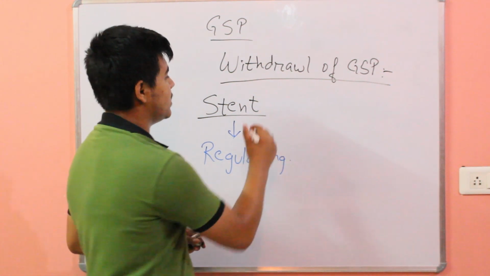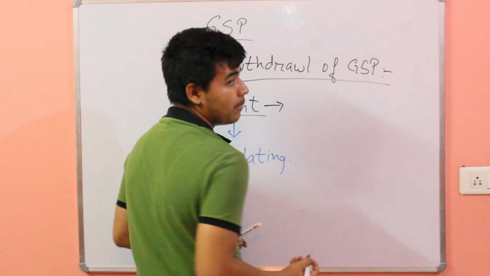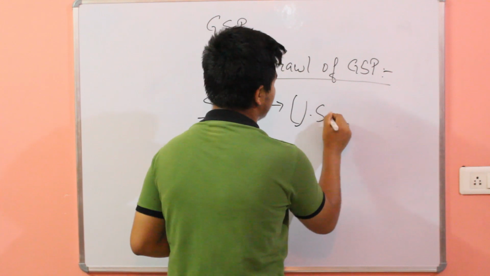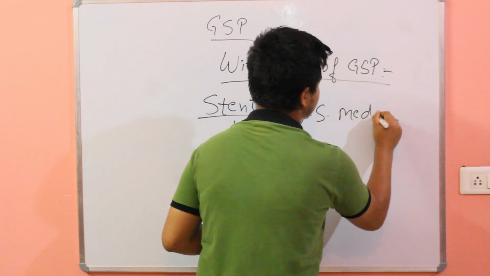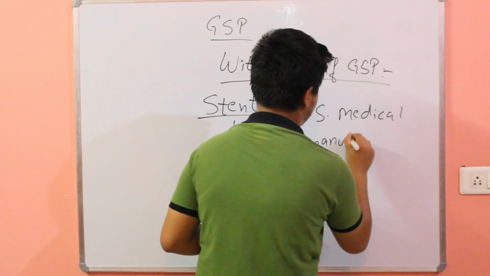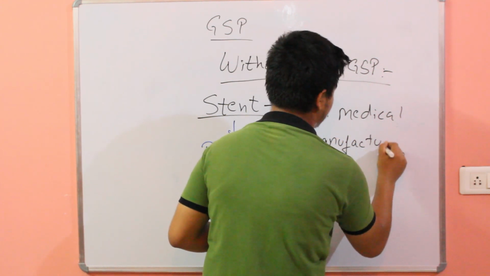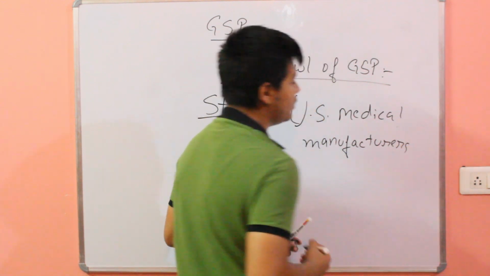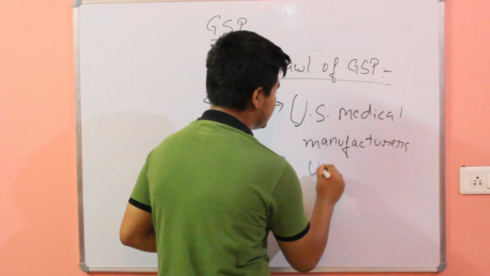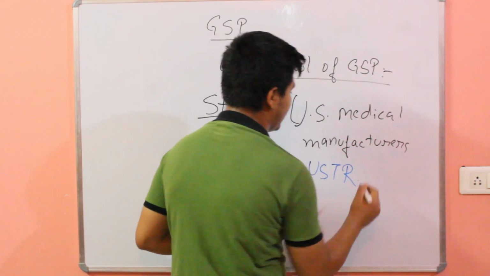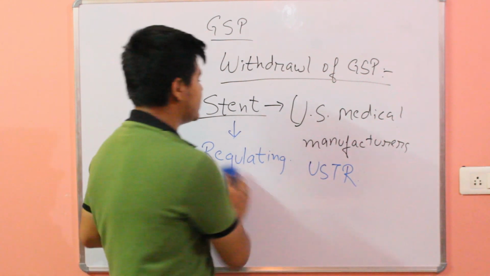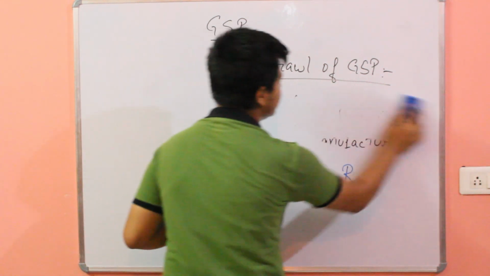Now this was an objectionable matter for US medical manufacturers. So they approached the USTR, that is United States Trade Representative, and complained about the same. So this was one of the major reasons behind the withdrawal of GSP.